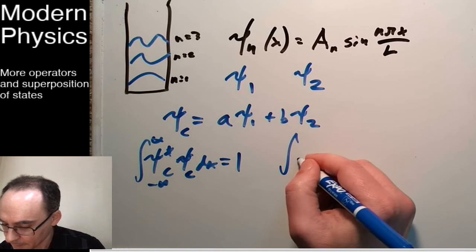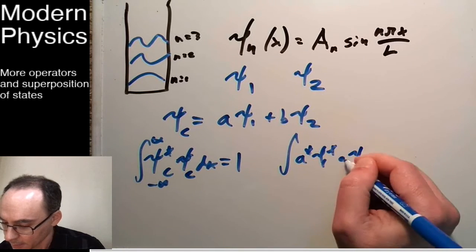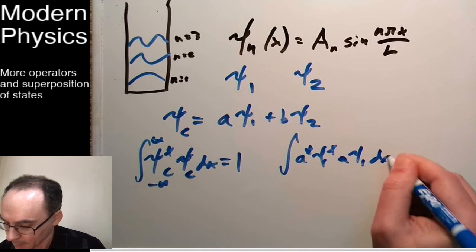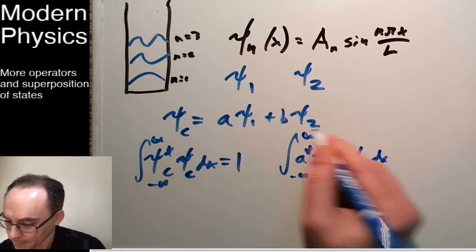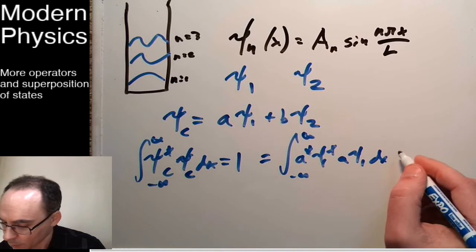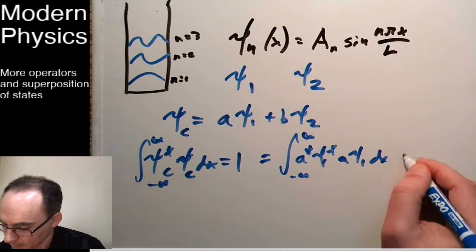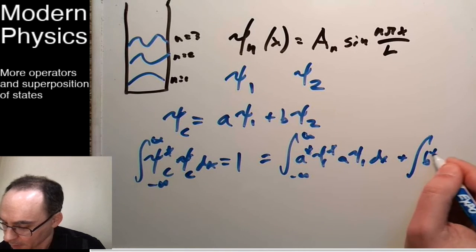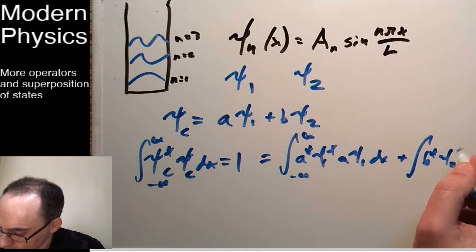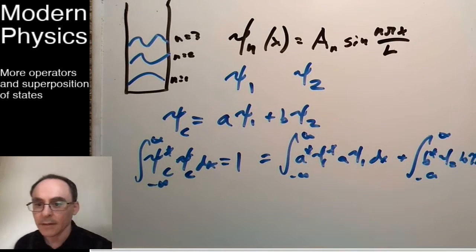A star psi1 star, A psi1, integral dx equal to 1. We get another term, B star psi2 star, B psi2 dx from minus infinity to infinity.